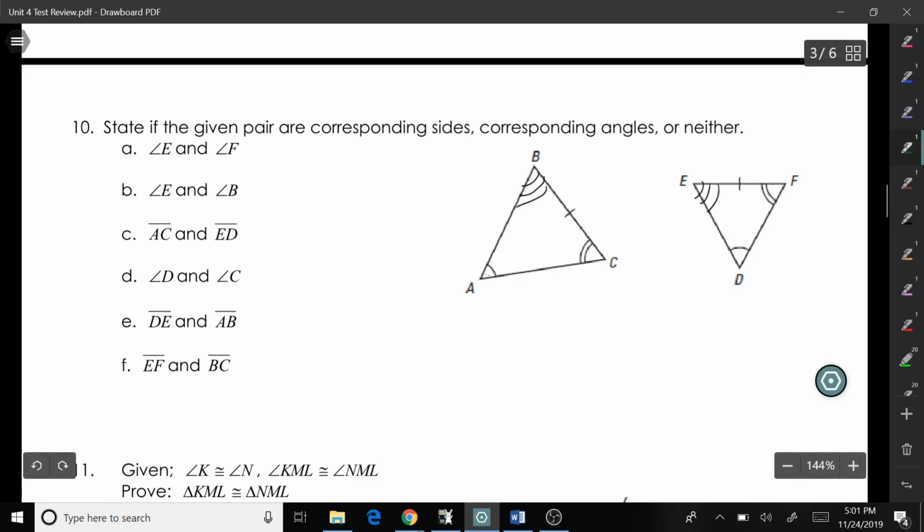And then side AC, right here, we go from one marking to 2 on the angles, must be congruent to DF, and that means these two sides are congruent. So now angle E and angle F. Well, angle E and F are in the same triangle, so this is neither.